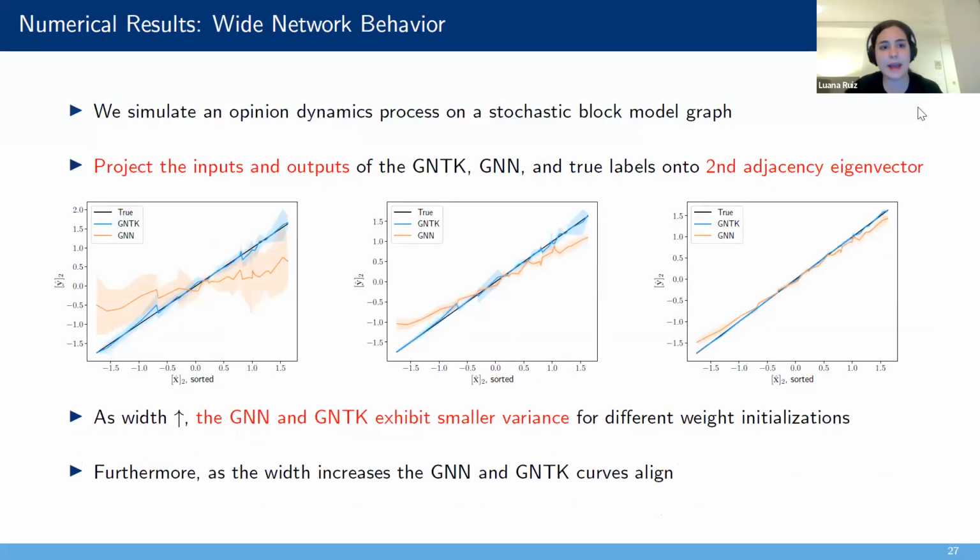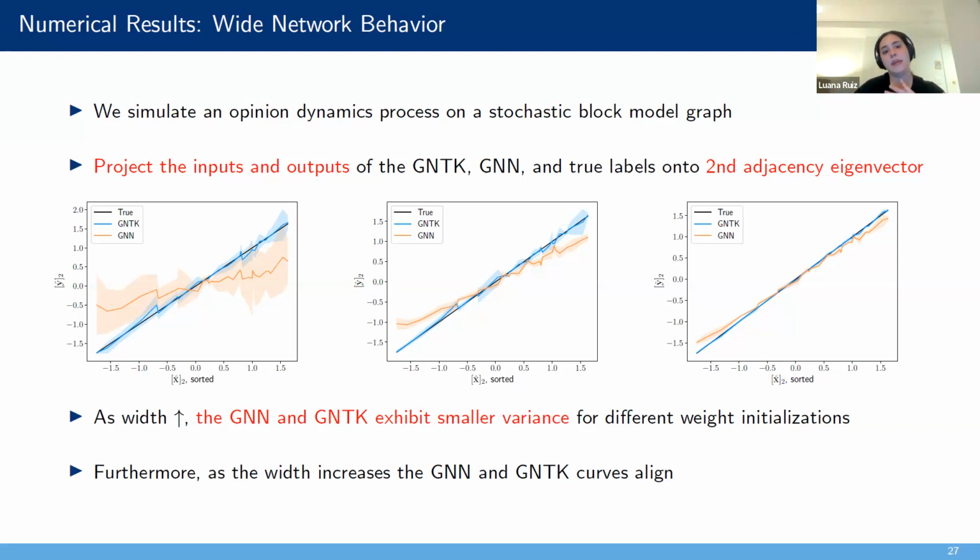So to exemplify how this can be used in practice, in this experiment, we simulated an opinion dynamics process in a stochastic block model graph, where the goal was essentially, looking at the process at time t equal to 0, to predict what it looks like at time t equal to 10. And you can imagine this as being a consensus process.